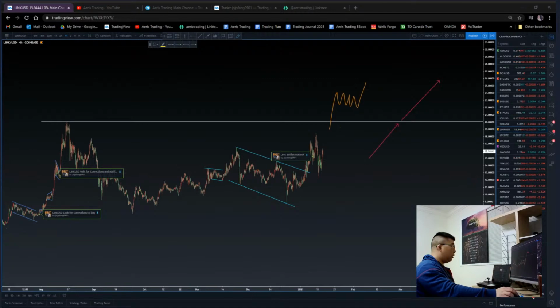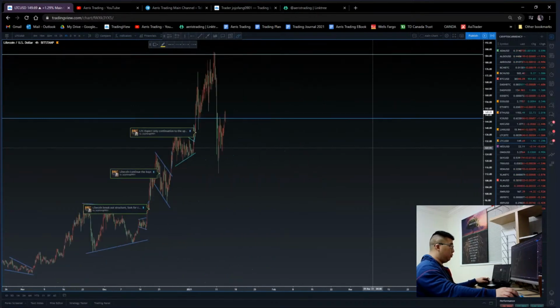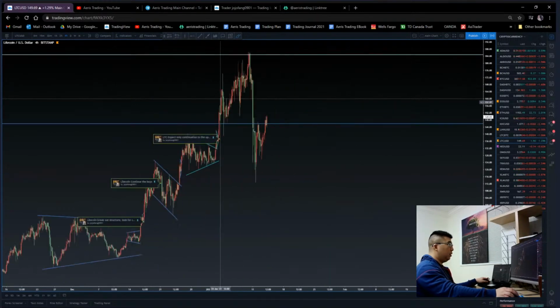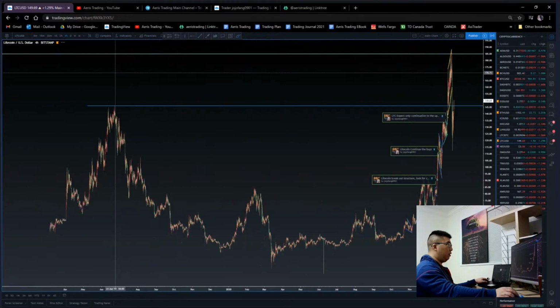Okay, so let's continue. Let's talk about Litecoin here, LTC. I talked about this at the beginning of the week. Same thing as Ethereum: when the price formed this ascending channel, it was rejecting this previous swing high area.